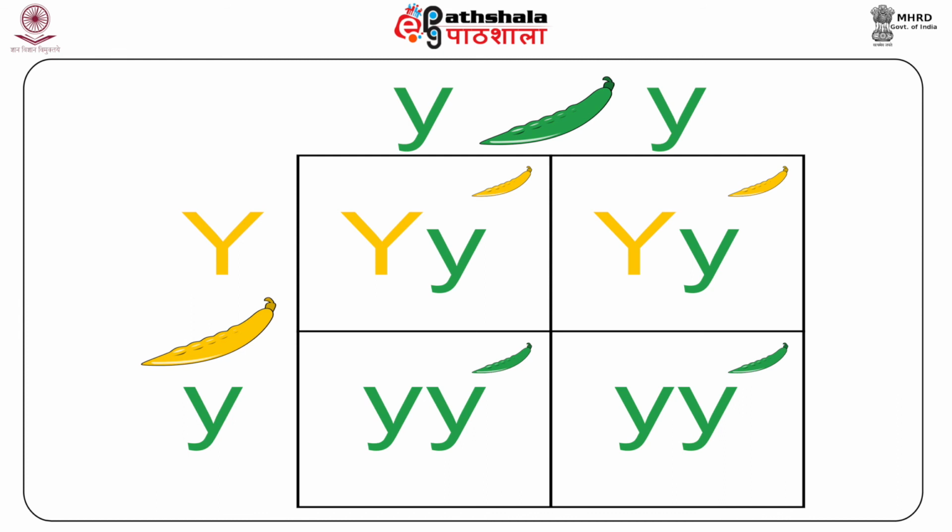Pea plant 1 has genotype yy and the color of seeds is green, and pea plant 2 has genotype capital Y and small y, while the color of seeds is yellow. The allele capital Y encoding for the yellow seed color is dominant. So the four quadrants in the Punnett square depict all the possible outcomes in the next generation. Thus, since the cross involves only one character, that is seed color, it is a monohybrid cross.